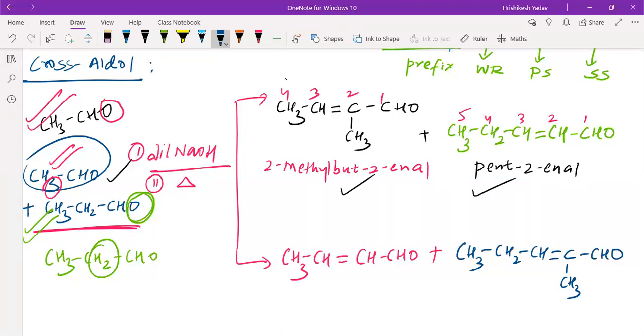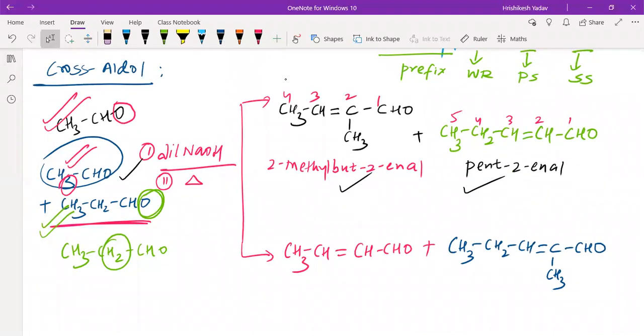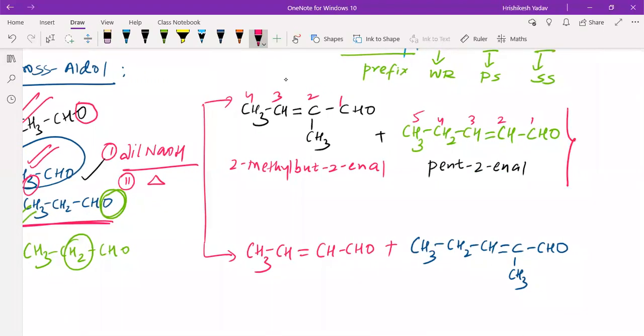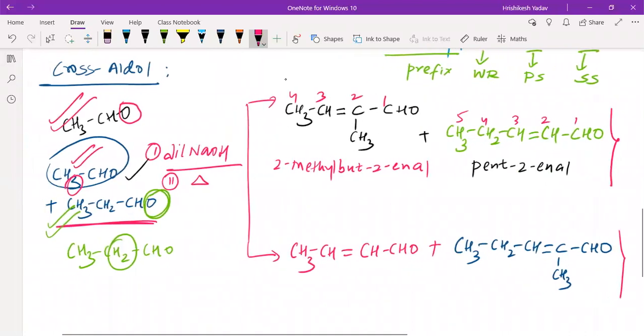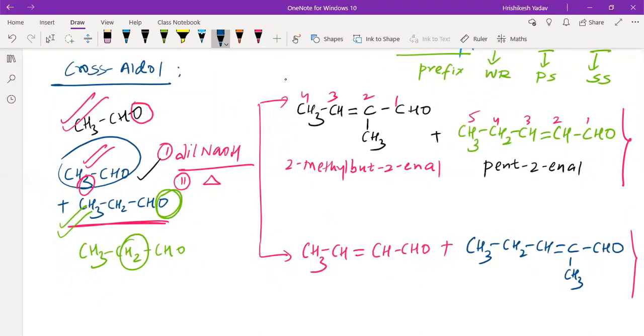It is a little bit challenging to understand this, because the product which we got here is formed due to cross aldol, and this here by self. So that we can write on the arrow also, like due to cross aldol. See, the heading is cross aldol, but under that cross aldol and self aldol products are formed.